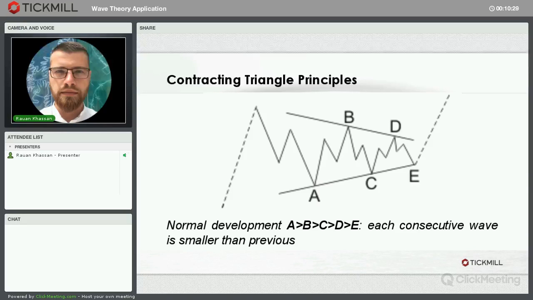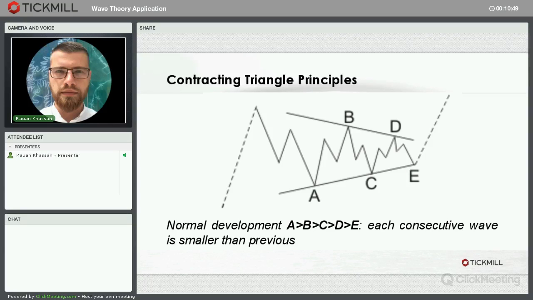The normal development is depicted on the current slide. It's made up in the formula of A more than B more than C, etc. And that means that each consecutive wave is smaller in comparison to the previous one. So as you can see on the chart on the slide, wave A is usually the longest one.